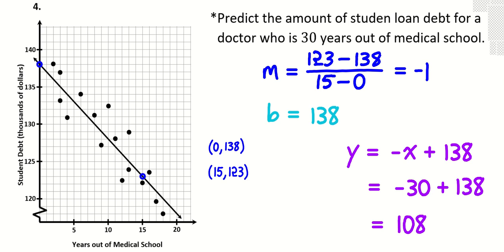Positive 108. So according to our data, our prediction for a medical school student 30 years out, this can't be realistic, but wow, 30 years out of medical school and still owes $108,000. I don't know how realistic that is for real life people, but all right, that does it for this entire video.